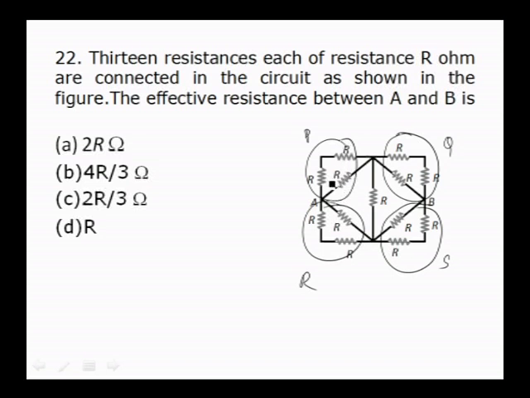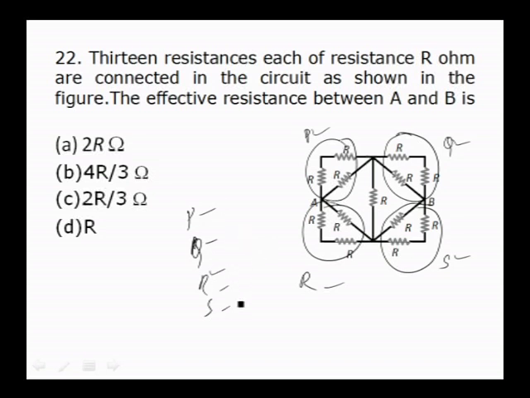It means whatever effective resistance we get, these are identical. When all the resistances are identical in the four arms of the bridge, then the bridge is balanced. Therefore, the equivalent resistance is equal to any one of them, either P, Q, R or S.